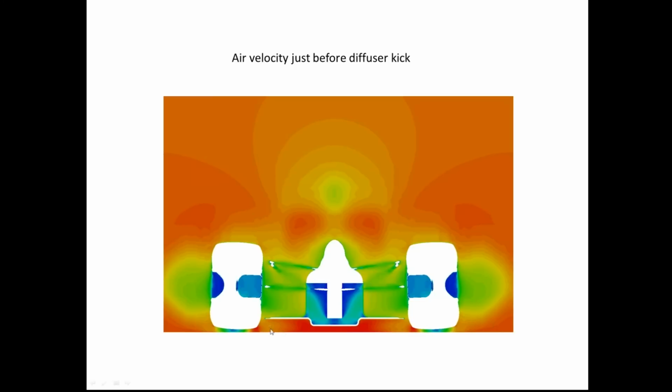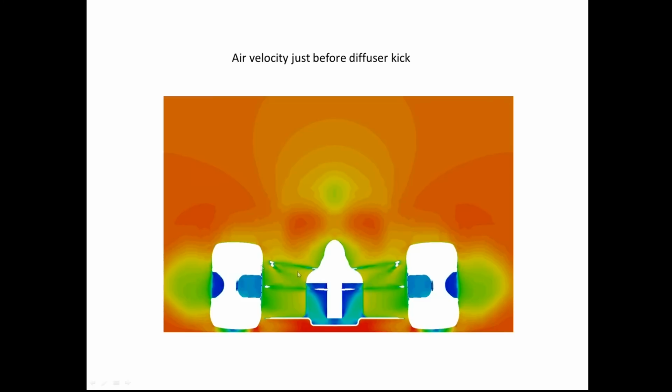But on the outboard, you can see some patches of yellow and orange here. So some of the wake of the front wing and the front tires has actually come back inboard. And that's going to lose some performance in your diffuser. You can see that on each side. But look at what's happening on top of the floor.